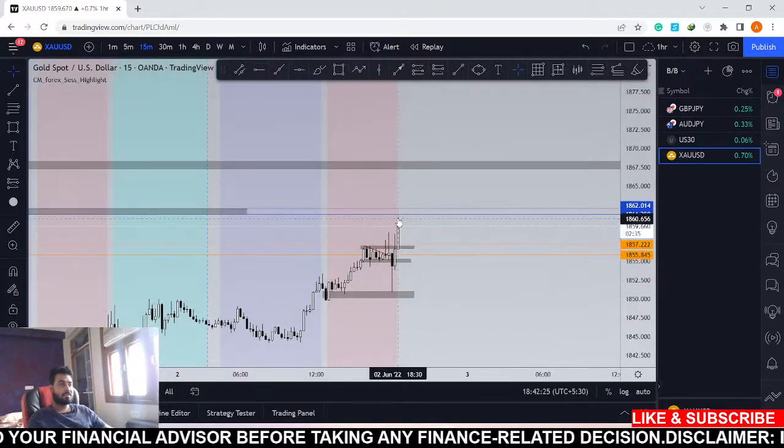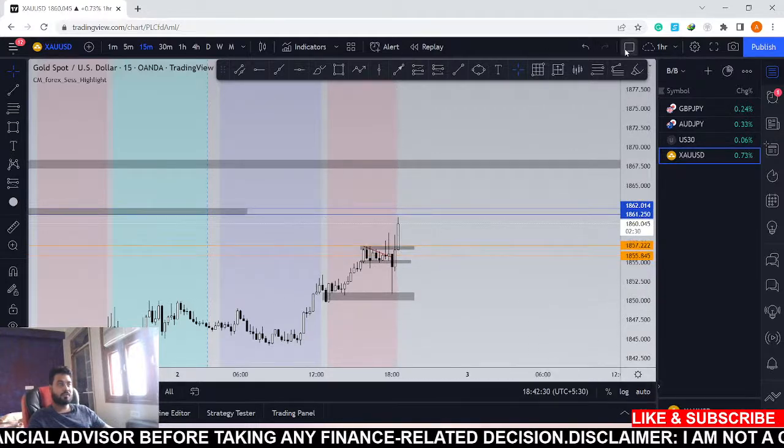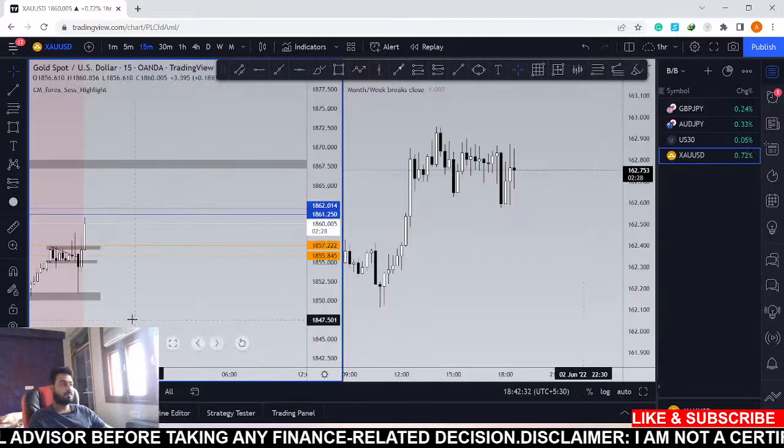It will give me a nice bullish close at this area. Then I would like to take the entry, otherwise not.